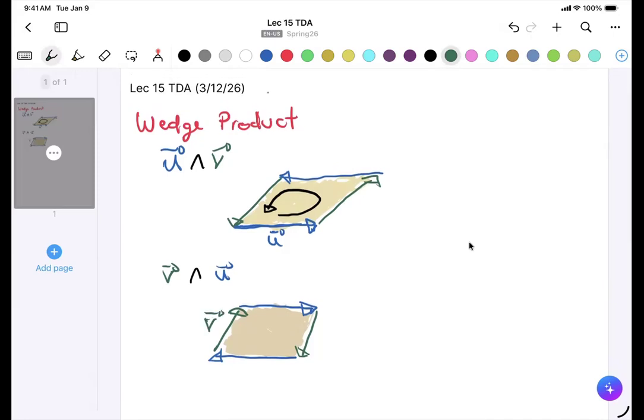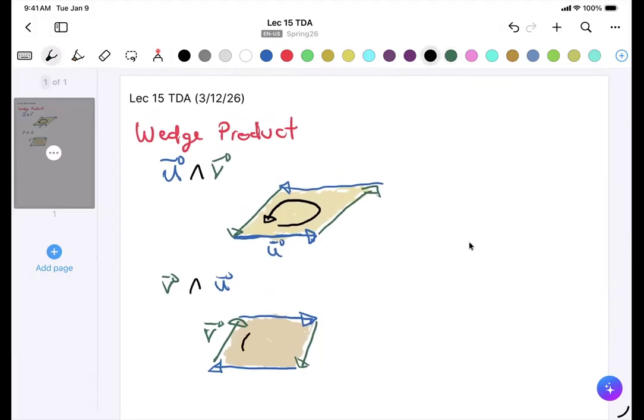If you move first along the vector v, and then you travel the parallelogram this way, you see you're going in the opposite orientation, the opposite way. That is why you would say that u wedge v is the negative of v wedge u. Okay.